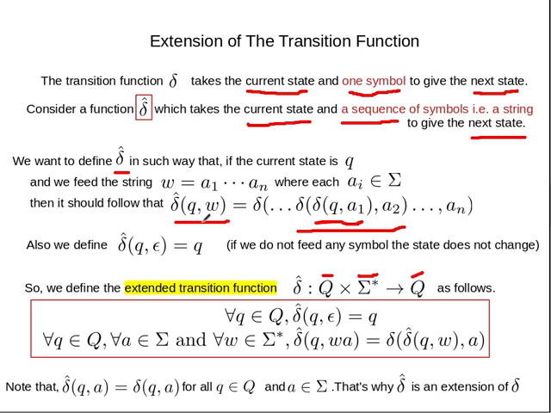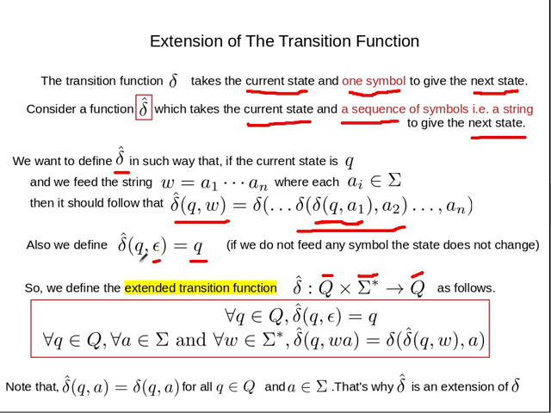And since this has to be defined for all strings here, I mean, we should consider the empty string also, right? And the most sensible thing to define this as is q itself, because this is telling that if you are in current state q and if you do not process any input symbol at all, so this is the empty string, that means it does not have any symbol.